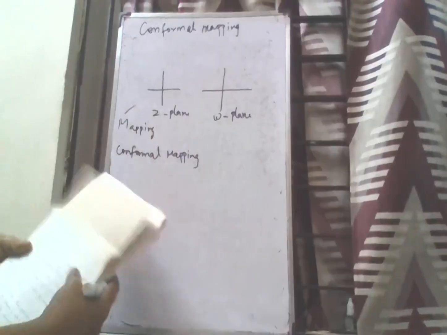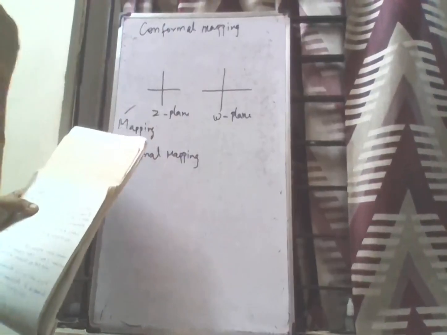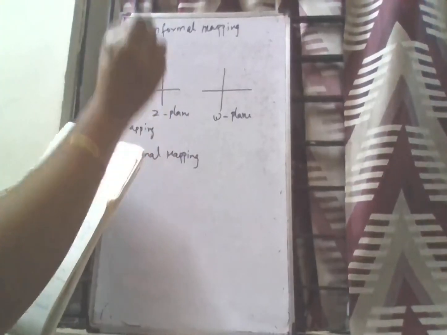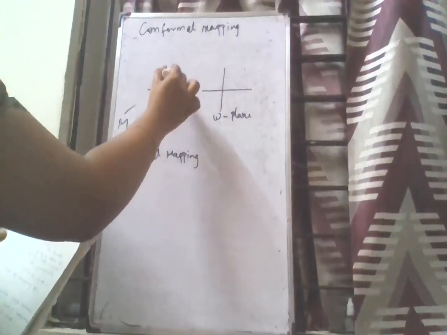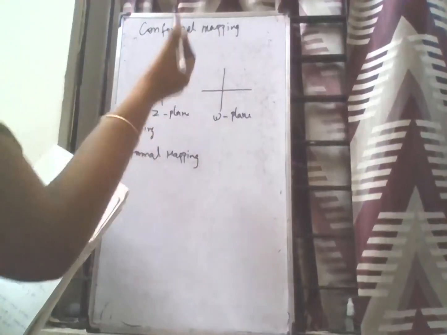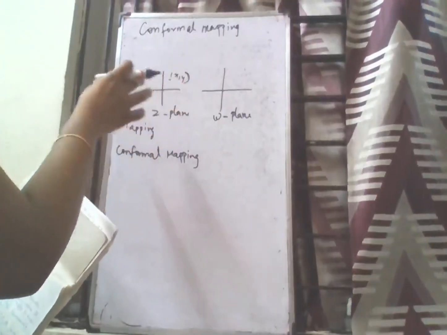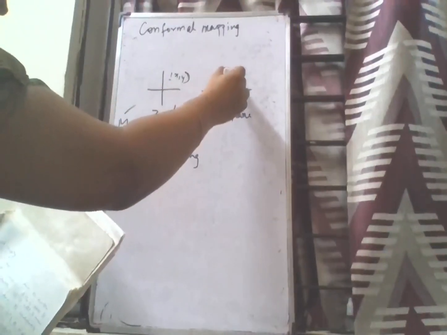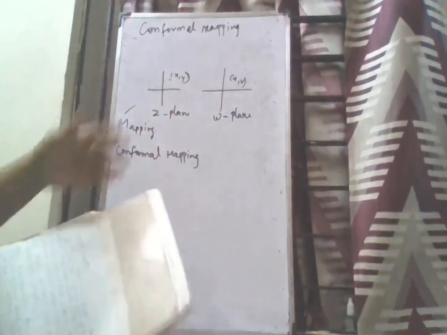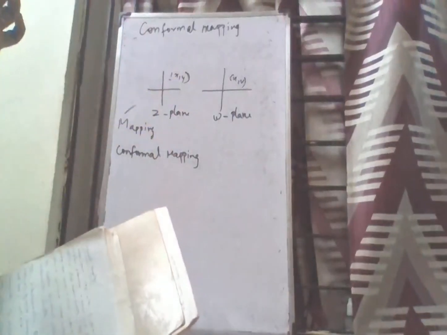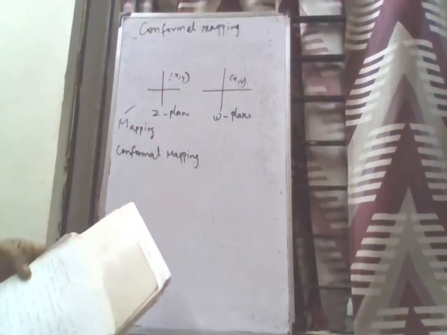Initially, mapping. Mapping means, note down, to each point x comma y, as I repeatedly say, x comma y are values representing points in the Z plane. Similarly, u comma v represents the points in the W plane. Both are complex planes only.